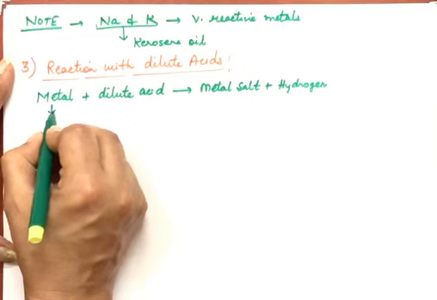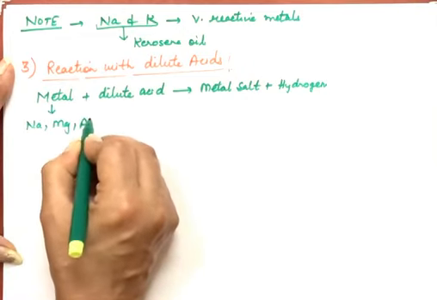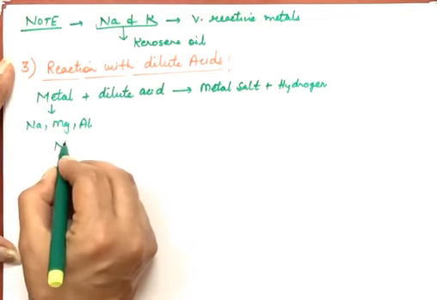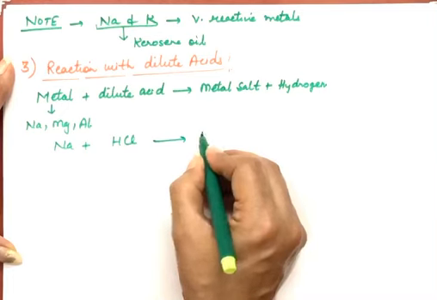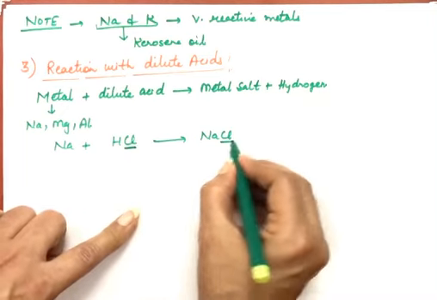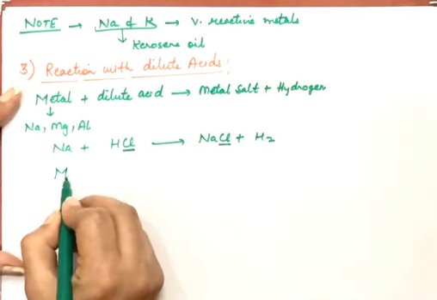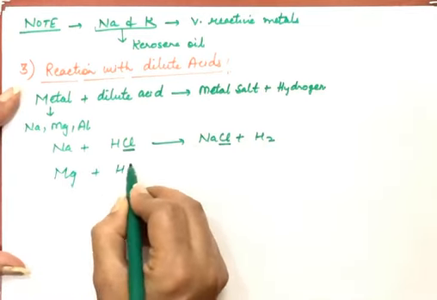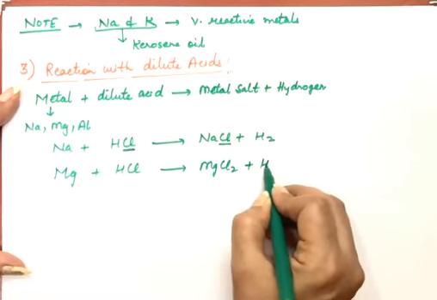Here I'm taking the example of sodium, magnesium, aluminium. If sodium reacts with hydrochloric acid, the dilute acid we take, which salt will be formed? Since it's chloride, this is a chloride salt. Then second example, magnesium also reacts with hydrochloric acid to form magnesium chloride.